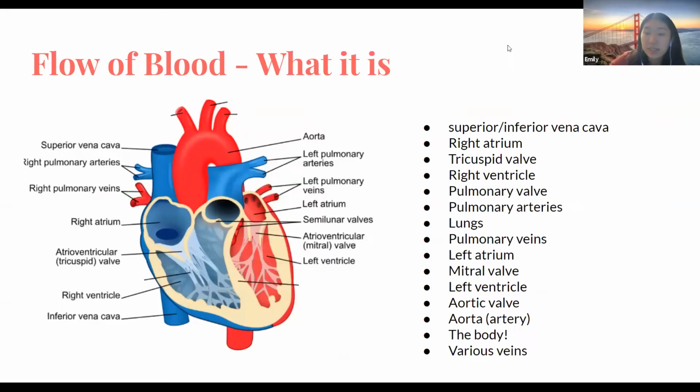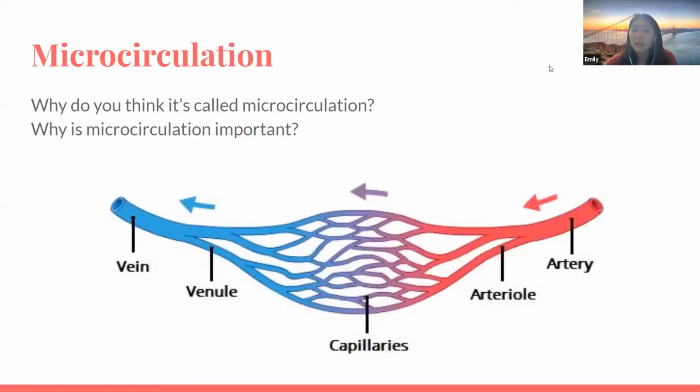And we didn't talk about, well, let's talk a little bit about the microcirculation. So microcirculation, what does micro mean? Does anyone know what this prefix micro means? Very small. Yeah, small. Micro means small. So microcirculation is kind of the smaller aspects of the circulation.